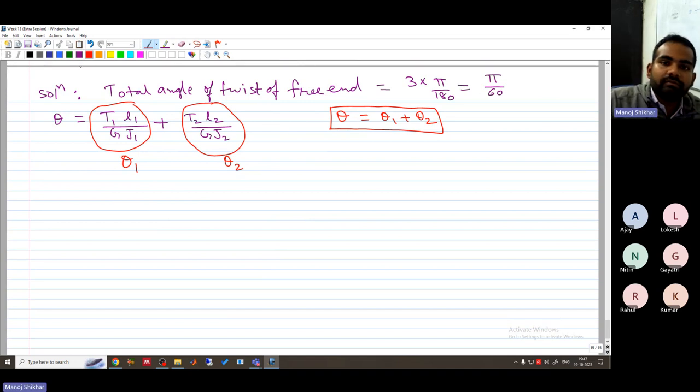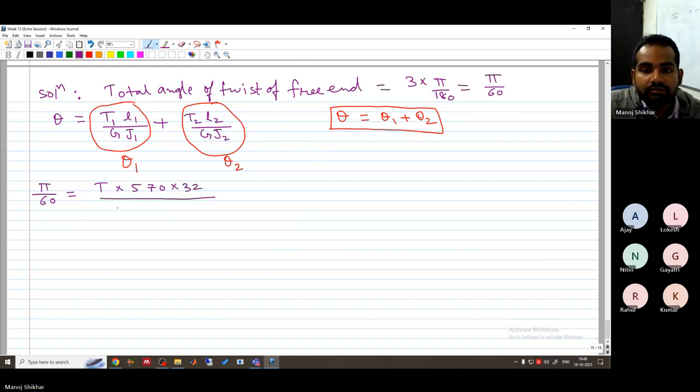So here we will replace theta by pi by 60 equal to T into 570 into 32 divided by G pi into D to the power 4. Here the diameter is 30, to the power 4.